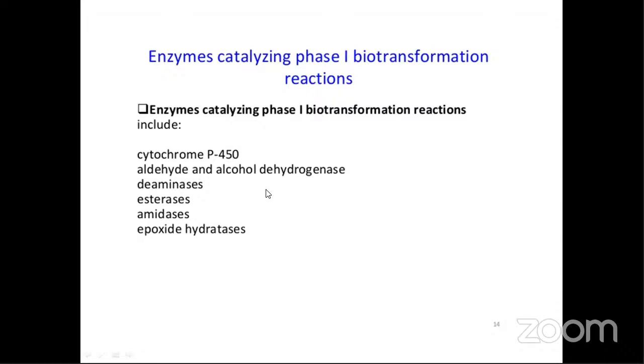Another is aldehyde and alcohol dehydrogenase. If any functional group is there, you can use this type of enzyme. Deaminase: if an amino group is there, you can remove it by deaminase. Esterase, amidase, epoxide hydratase are some of the enzymes acting on specific functional groups.